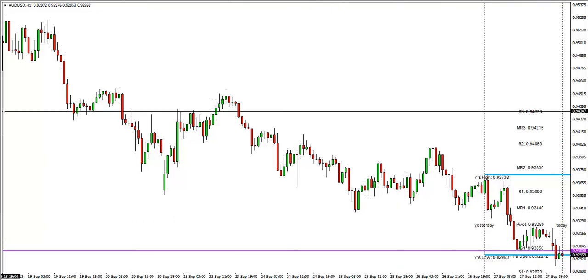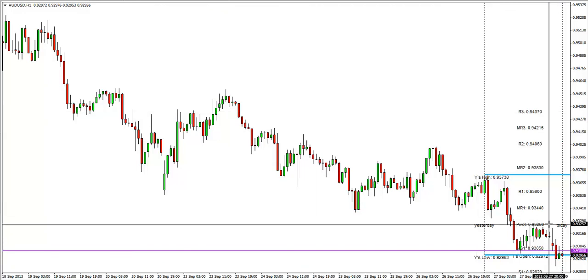And for targets, I would look for the areas of 0.9250 and 0.9220. So this is what I'm looking for. And remember, place your stop above this 1-minute pivot right here.